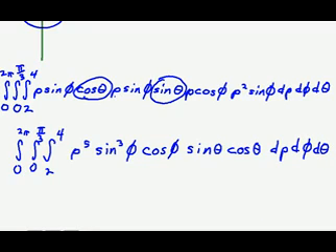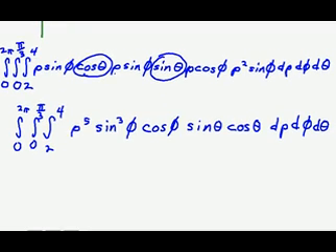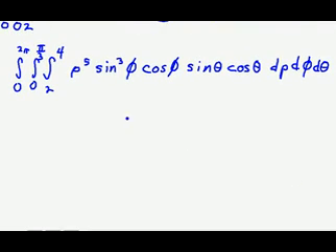Like that. And then I can write this triple integral as a product because the limits of integration are all constant, and I can separate the functions of rho, phi, and theta. The first integral would be the integral from 0 to 2 pi, that's the theta integral, of sine theta, cosine theta, d theta.